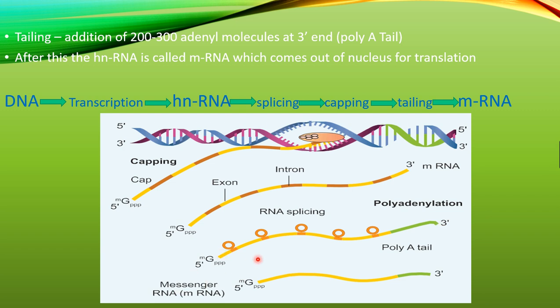At the 5' end of RNA, methyl guanosine triphosphate gets attached. At the 3' end, what is formed? The polyadenylation process, poly A, adenosine attachment, adenine attachment, like a tail is formed. So capping and tailing are formed.